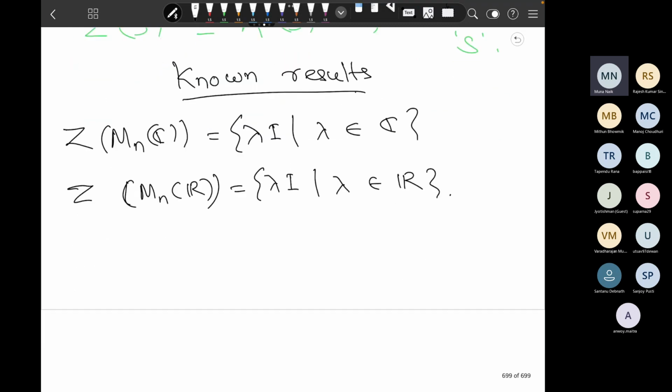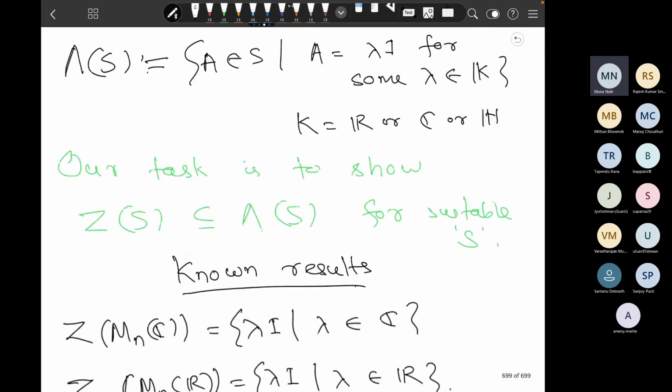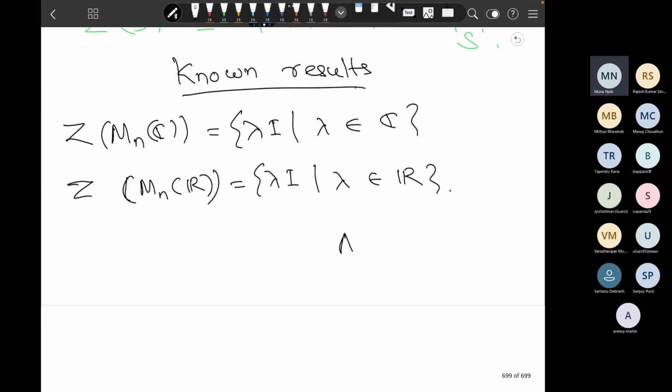I am sure all of you know this, because suppose A belongs to Z(M_n(C)), then AB equals BA for all B belonging to M_n(C). Then instead of B, you just choose E_ij, and you will get this result.